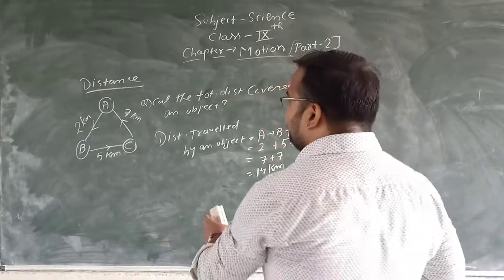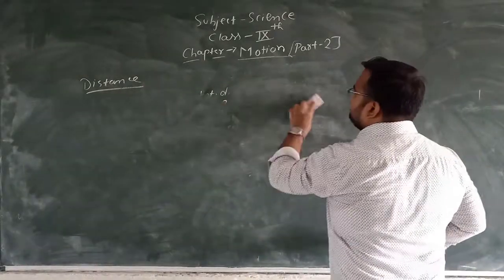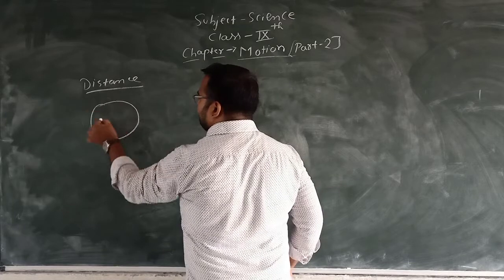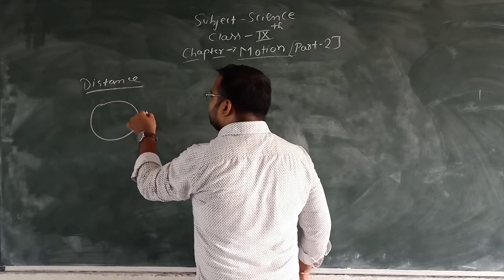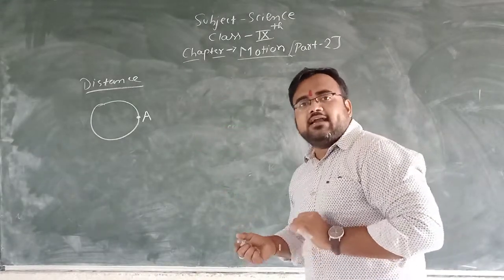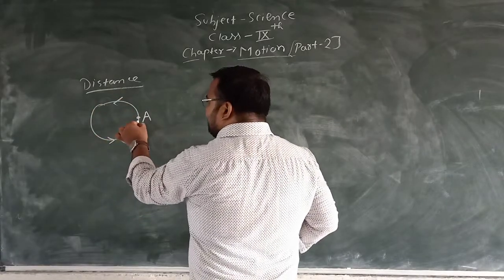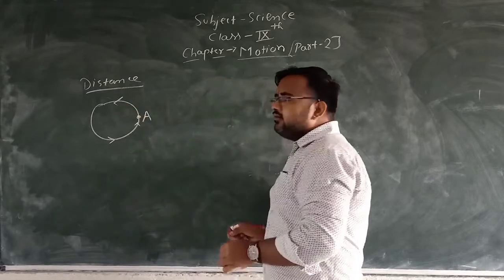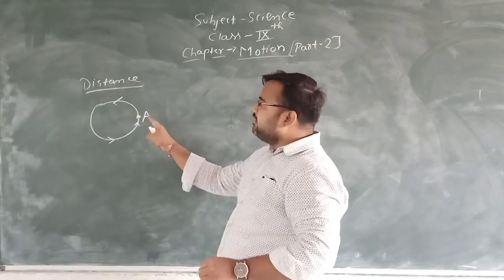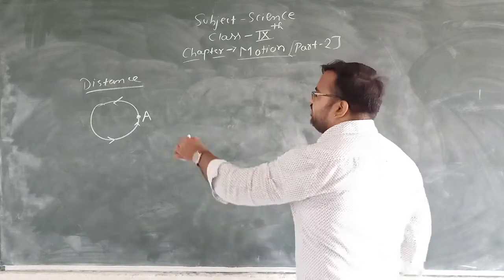Okay, if I write a question: suppose an object starts its journey from A and ends its journey at A. If any object starts its journey from A and ends its journey at A only, then what is the distance covered by the object?